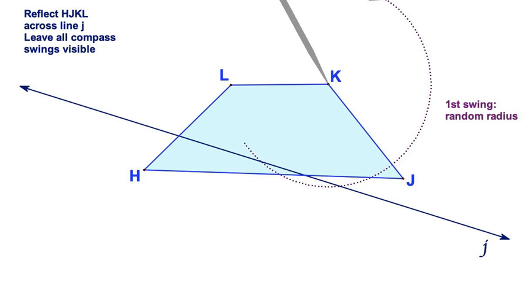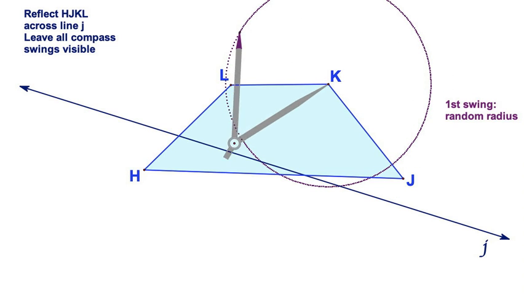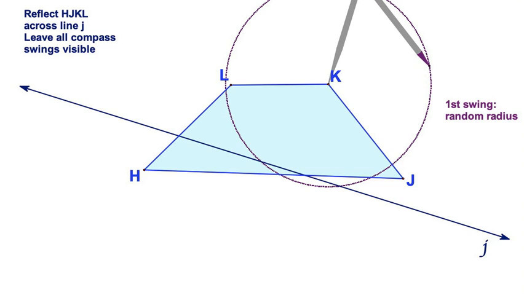And again, it's a random swing. I'm trying to reflect K. I picked a random arc or a random gap because what I need to do is generate 2 points that are equidistant from K because they're each the radius. Okay. K to T, K to S, same radius of that purple circle.